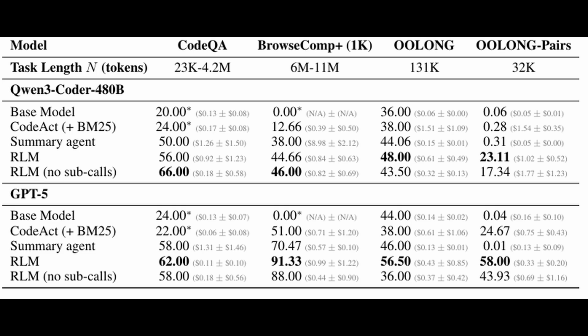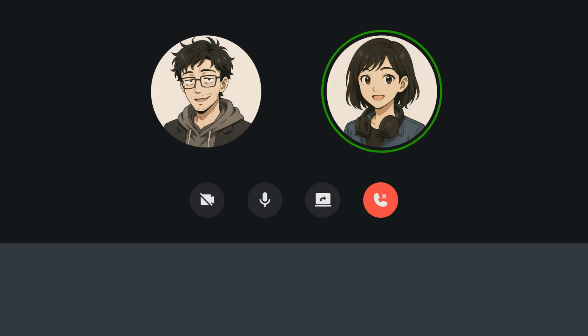What I find most impressive is the OOLONG pairs results. The base model scored essentially 0.04% for GPT-5 and 0.6% for Qwen3-Coder. But the RLM version scored 58% and 23%, respectively. That's a massive improvement. The paper calls this an emergent capability.